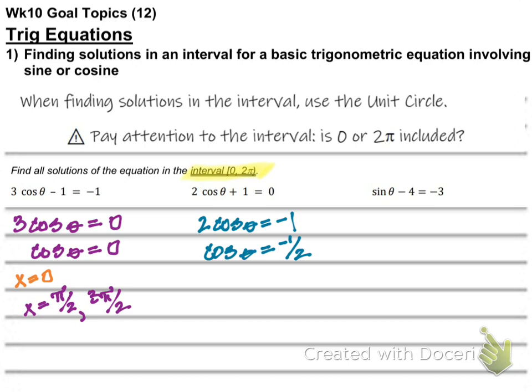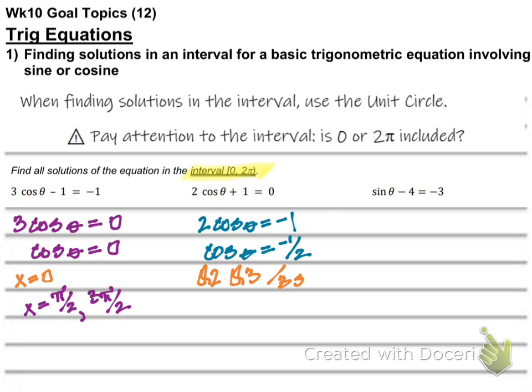So now we're going to go to the unit circle. Cosine is negative where x is negative, right? On that left-hand side. And so that's quadrant 2 and quadrant 3, right? My cosine is 1/2 for my family of over 3's.